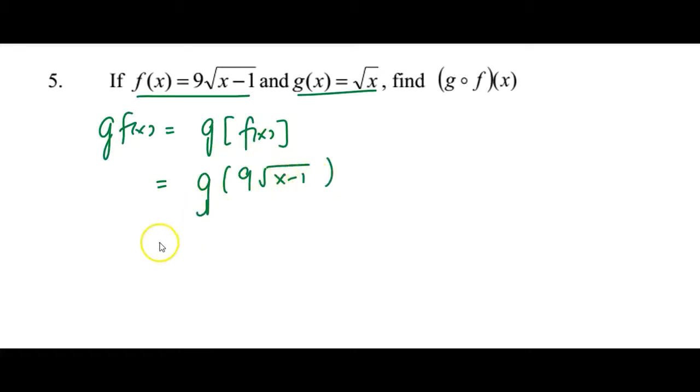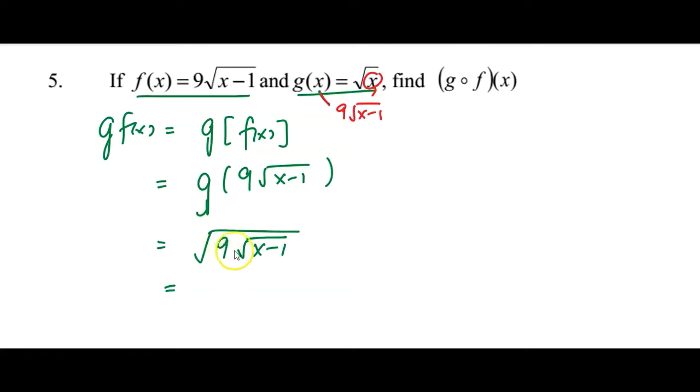This is g, so g of 9 square root of x minus 1, meaning that the x over here will be replaced by 9 square root of x minus 1. The same as this x, it will be replaced by the same thing, that is 9 square root of x minus 1. So your g of 9 square root of x minus 1 will become the square root of 9 square root of x minus 1.